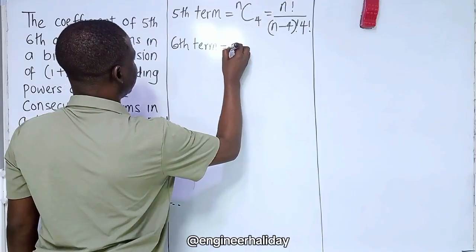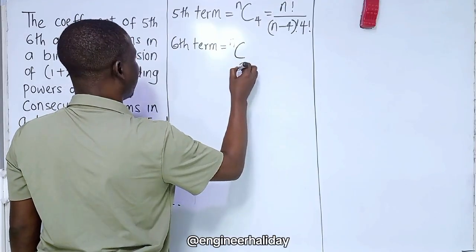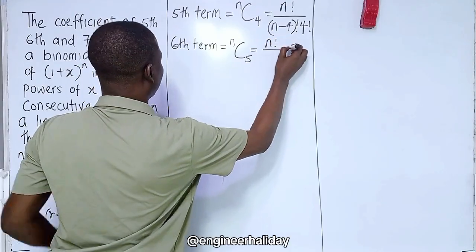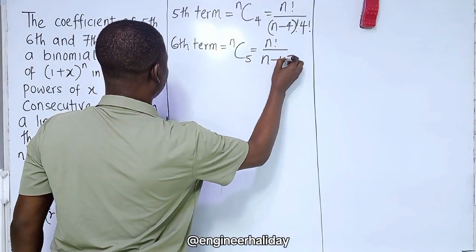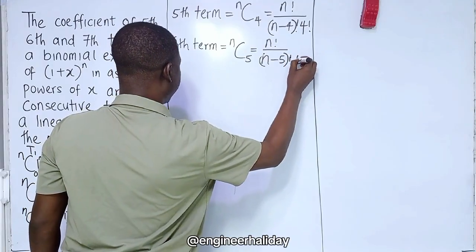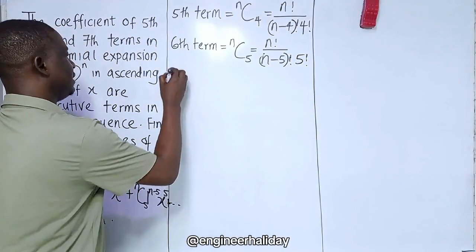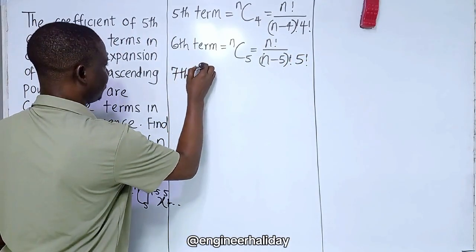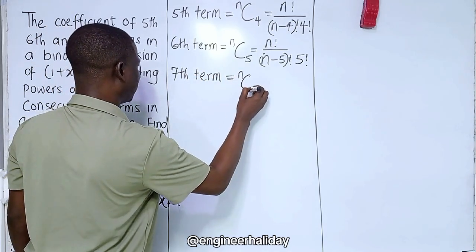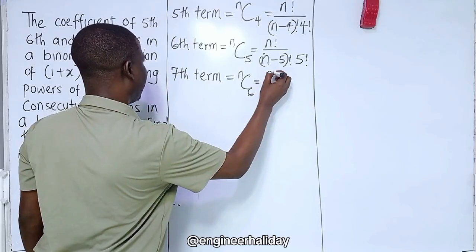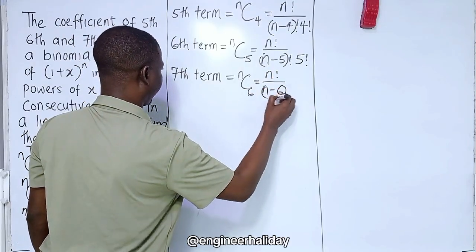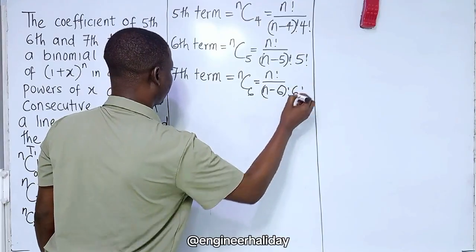The r will now be 5, so nC5 is n factorial over (n minus 5) factorial times 5 factorial. The seventh term is nC6, which is n factorial over (n minus 6) factorial times 6 factorial.